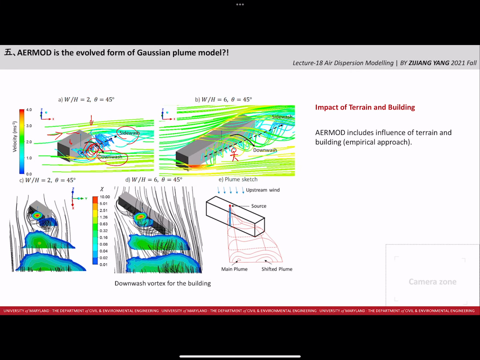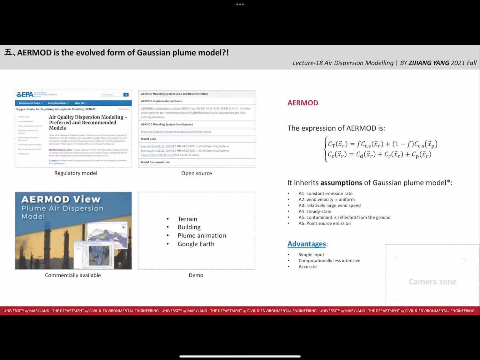So AERMOD includes the influence of terrain and buildings, and so it is more accurate compared with the Gaussian plume model. And when it considers the effect, it uses the empirical approach.